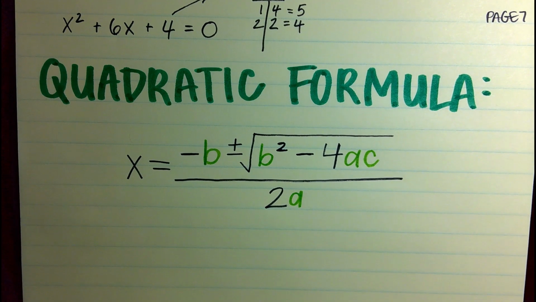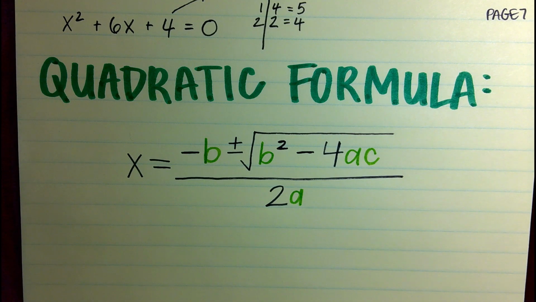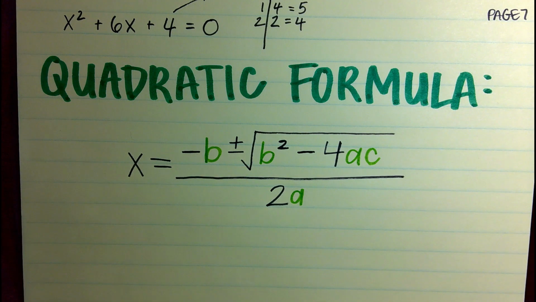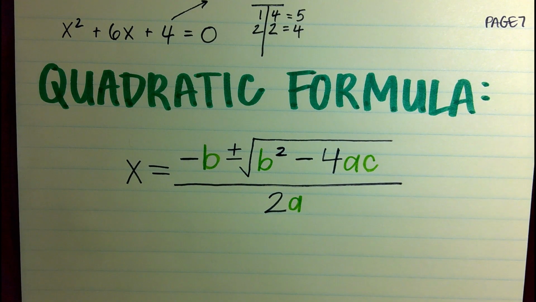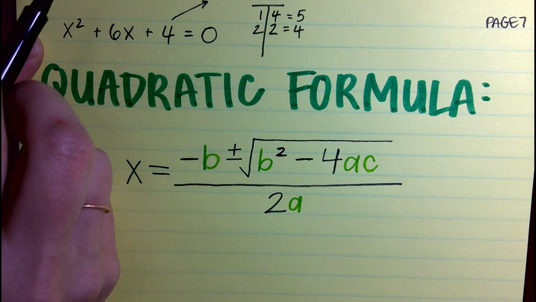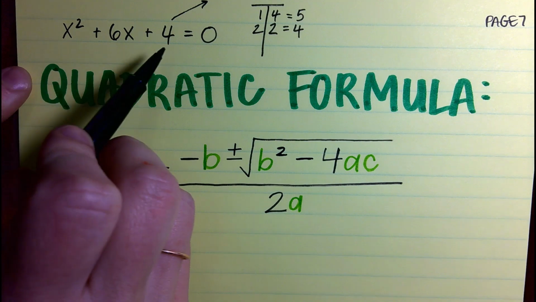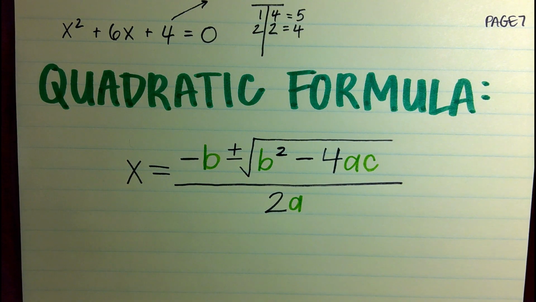Okay, so the green are the values that we plug into the formula. Everything that I wrote in black does not change. Only the green parts change. So in this equation, what are our values for A, B, and C? 1, 6, and 4.